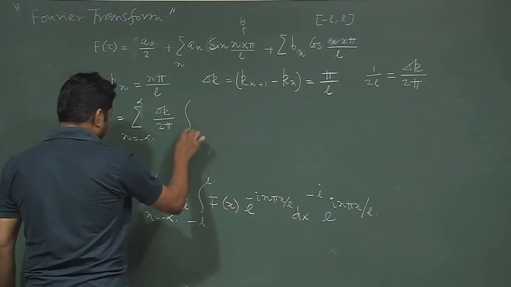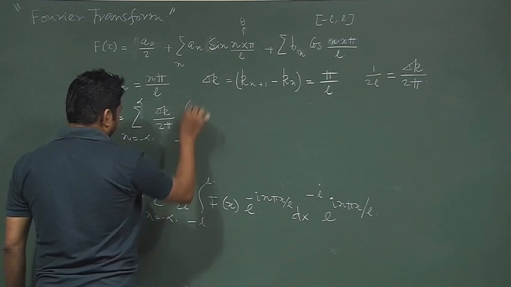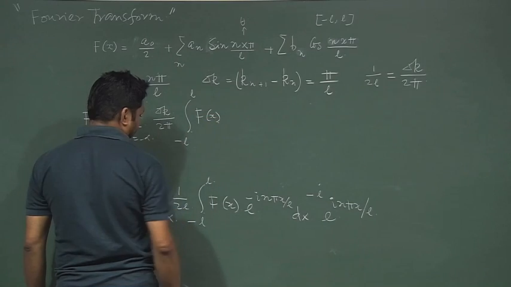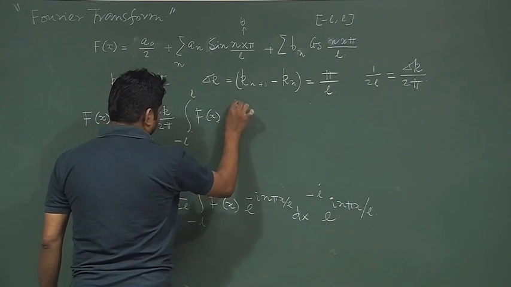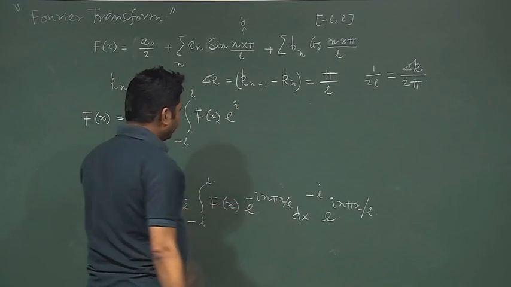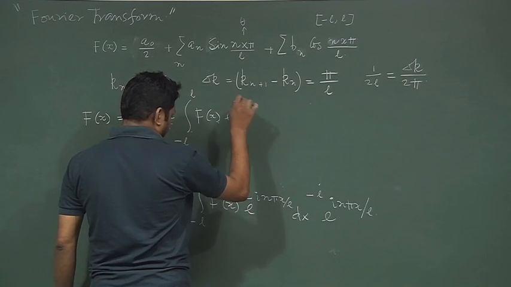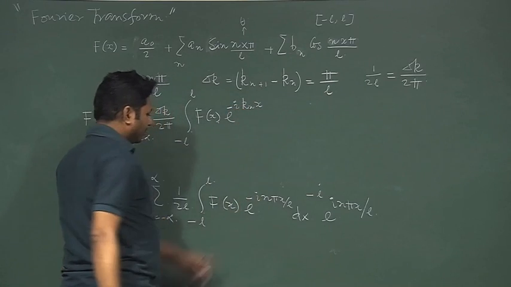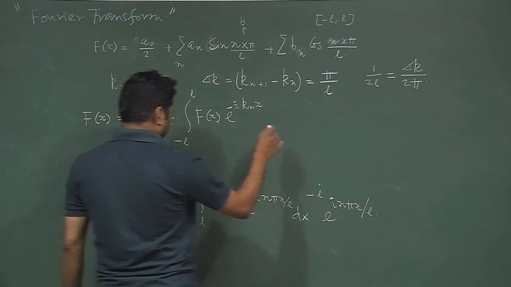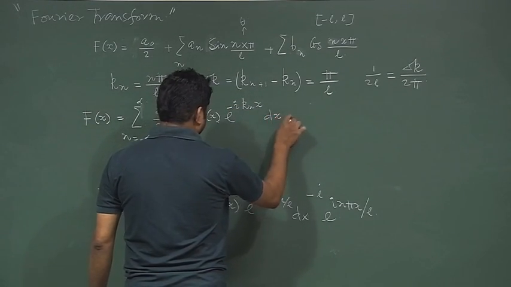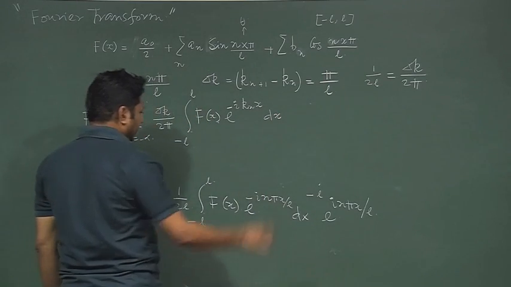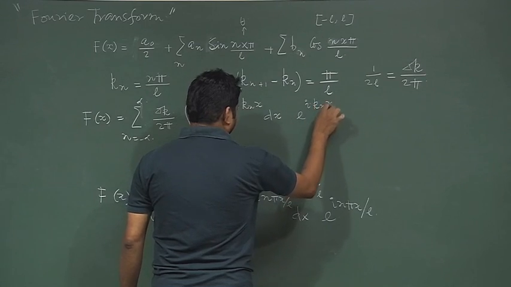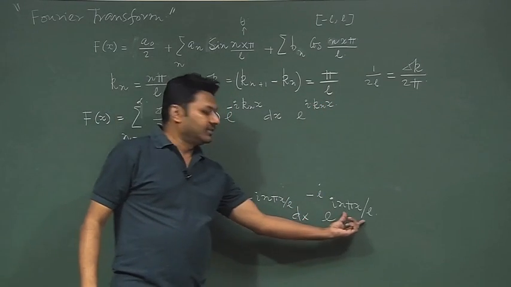Then I integrate from minus L to L f of x e to the power of minus i k n x, with dx, and the rest of the term is e to the power of i k n x.